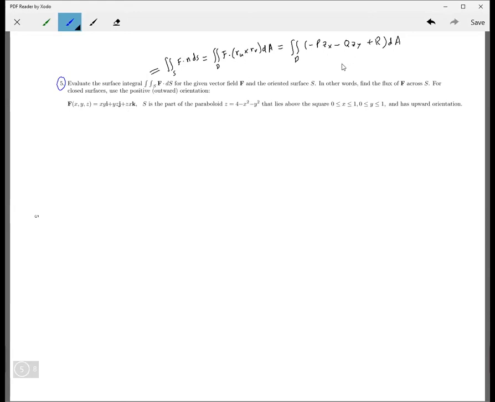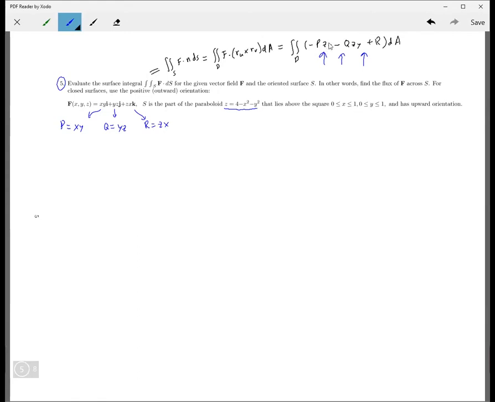But this one right here is for when you have the surface z equals something. So we're in this case, and this is the one we're going to be using. Our P is going to be xy, our Q is going to be yz, and our R is zx.